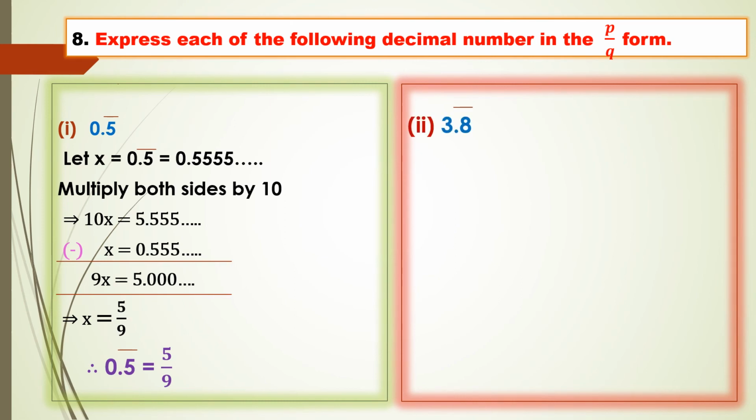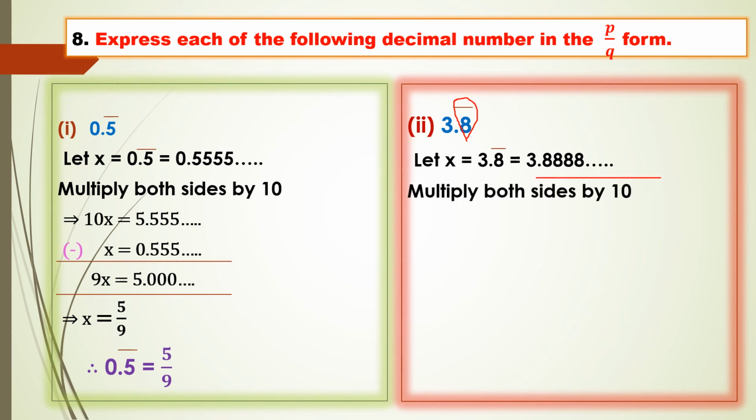3.8 bar. So here also the bar is for 1 digit, so I can multiply with 10. Right, 3.8 bar equals 3.88888, and so on. Bar is for 1 digit, so I'll multiply by 10. Multiply by 10 means only 1 0 here, so only 1 digit will go in front, so 8 will go in front, so your 10x will be 38.8888, and so on.